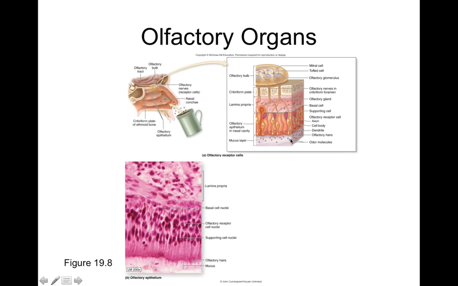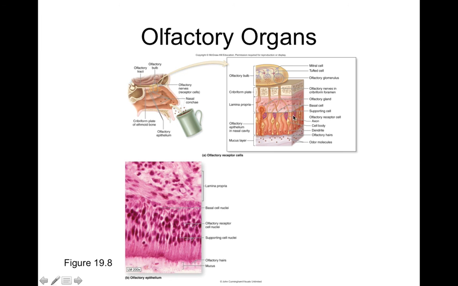The function of this mucus layer is that it traps odorant molecules. Those odorant molecules then bind to receptors on the olfactory sensory neurons, which can initiate action potentials in these neurons. What's important to note is that each olfactory sensory neuron expresses its own type of receptor, which is sensitive to a select variety of odorant molecules or chemicals.